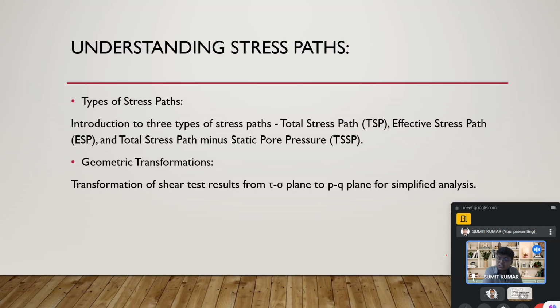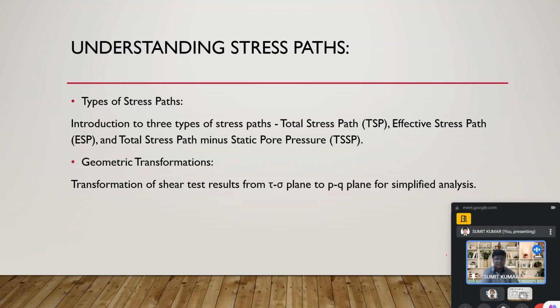Okay, so the geotechnical transformations also take place during our study. So what do we mean by the geotechnical transformation? The transformation of shear test result from tau sigma to the PQ is basically our concern during this drawing of the PQ curve.